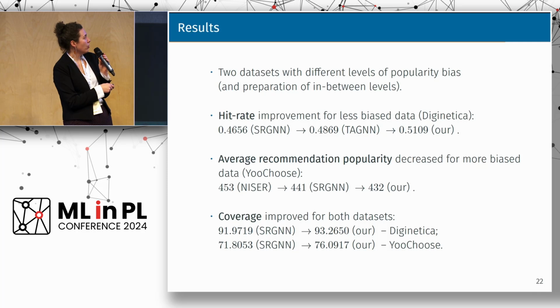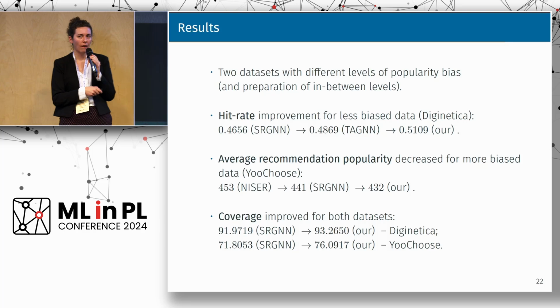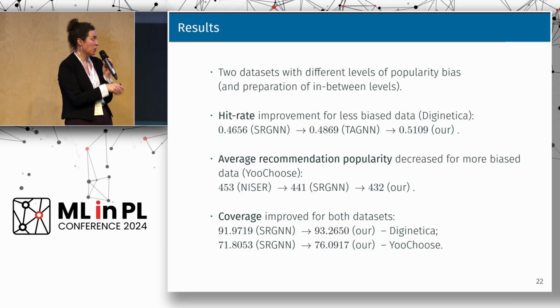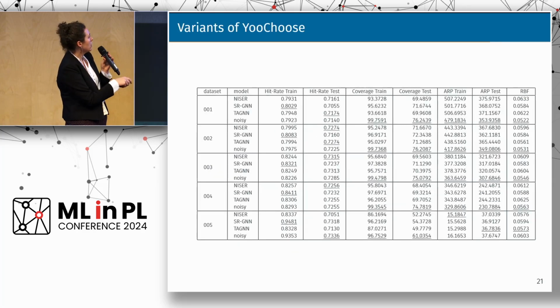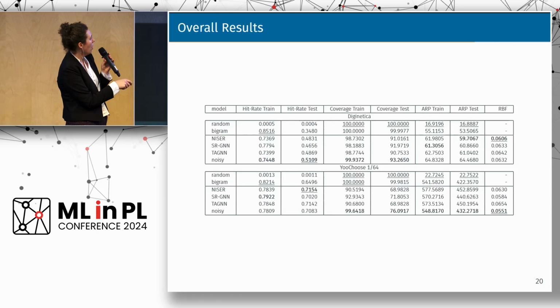For the Yoochoose dataset, which is quite highly biased with popularity, we stayed with some similar level of accuracy measured with the hit rate. So NISR, which is the best model here, is an extension of SRGNN, has 71% of hit rate.